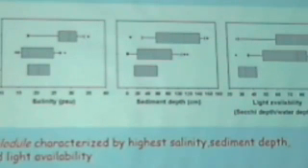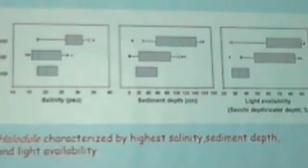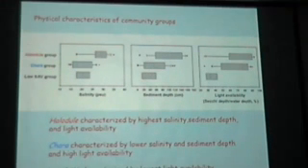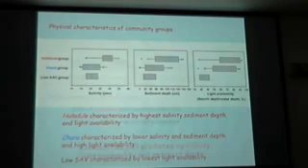Looking at the physical characteristics within each of those community groups. These are box and whiskers plots. And then we have Halodule group, Chara group, and the low SAV group, plotted against salinity, sediment depth, and light availability.